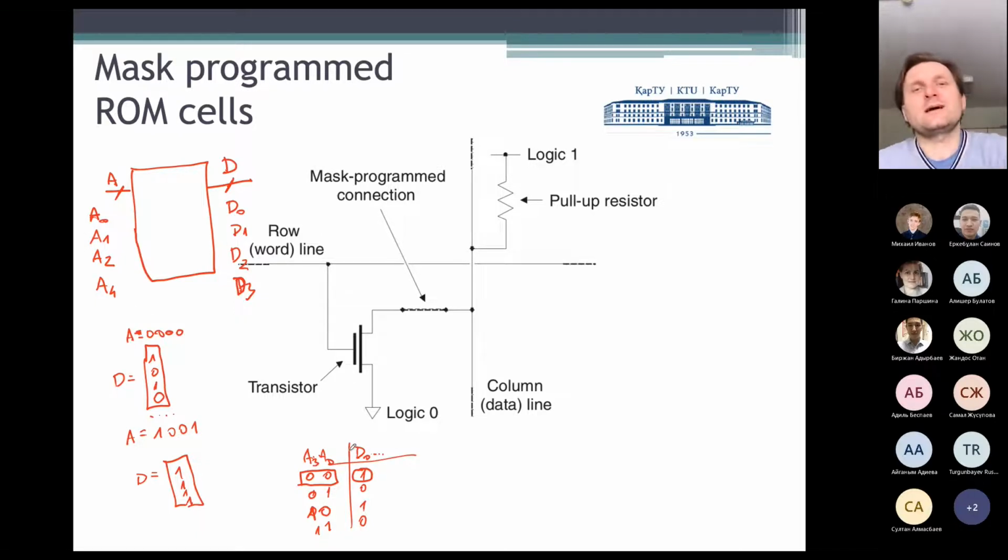So we may realize any function. For example, for a function like that, let's change to 0 here. We have NEXOR. So we have the NEXOR function. When we program 1, 0, 0, 0, 0, 1 inside the ROM cells, we may build up the NEXOR function.